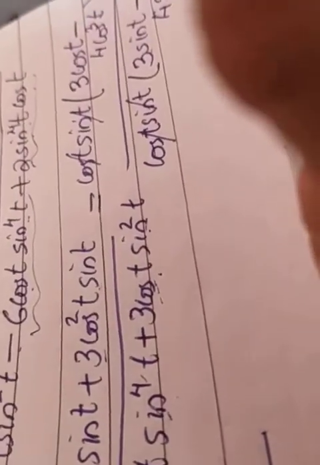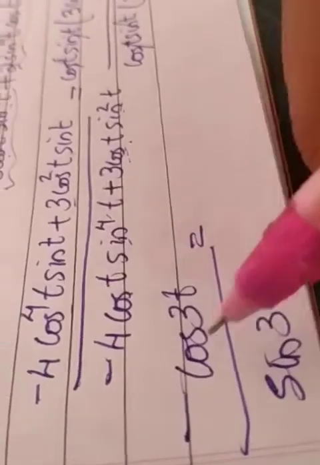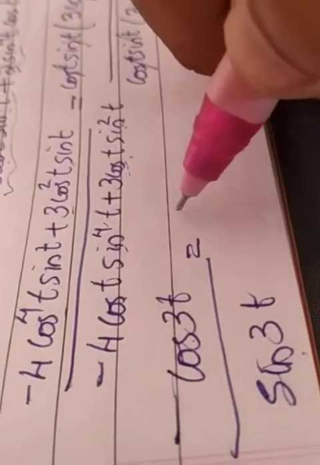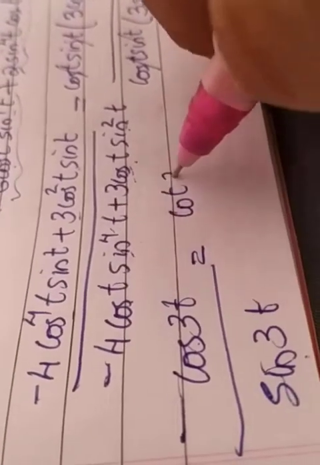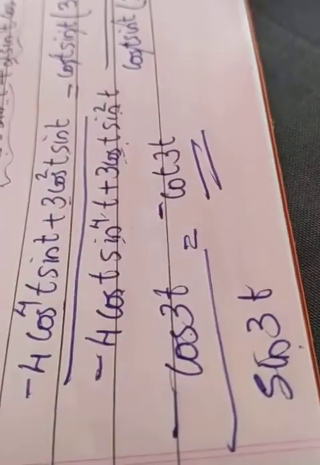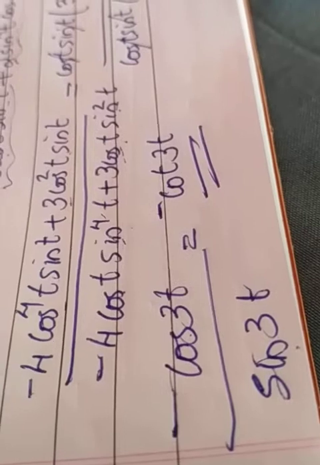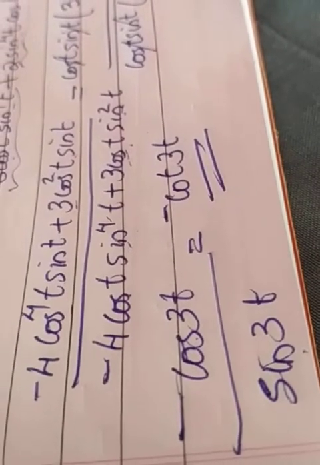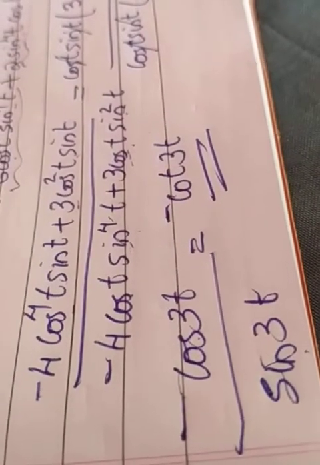We can write the formula as sin 3t. Okay, cos 3t by sin 3t gives you cot 3t, and there is a negative also. So the final answer is minus cot 3t.